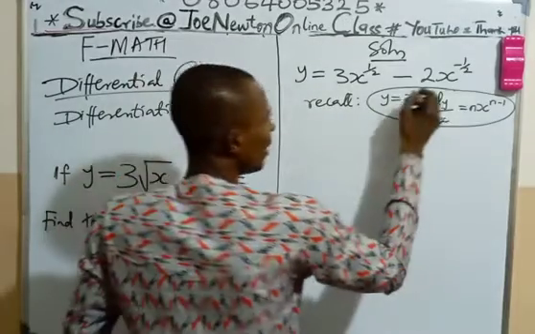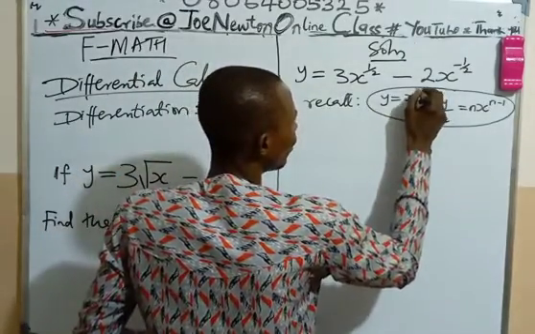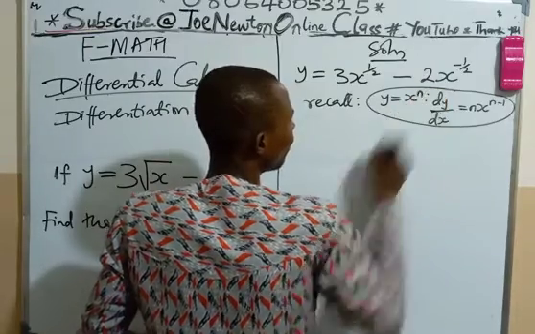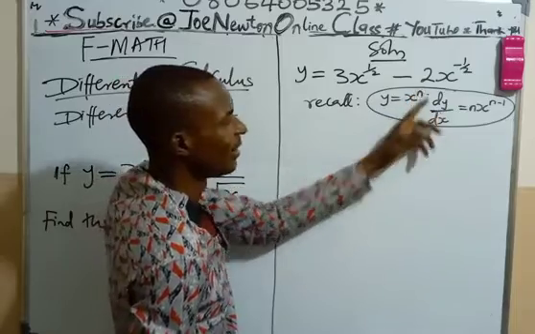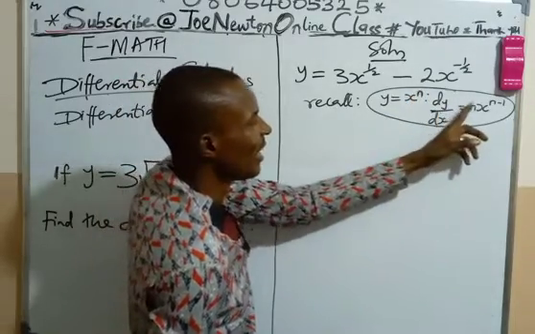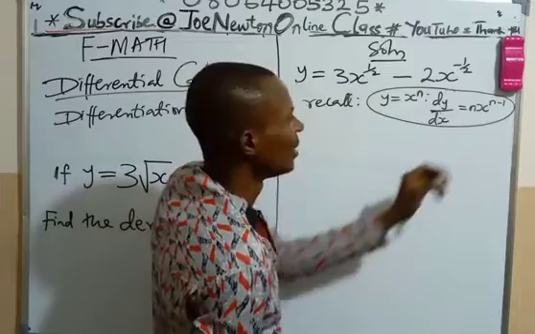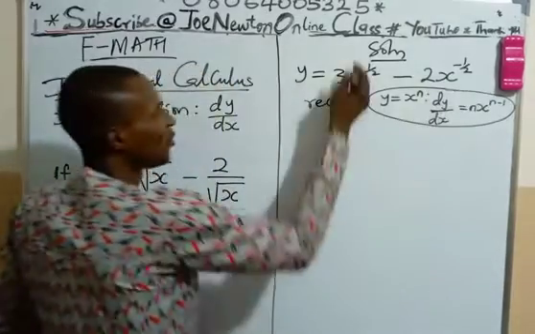Assume that we have y equals x to the power n. So from our basic rule, if y is equal to x raised to the power n, therefore dy/dx is n x raised to the power n minus 1. This is the basic rule. So apply this rule here now.